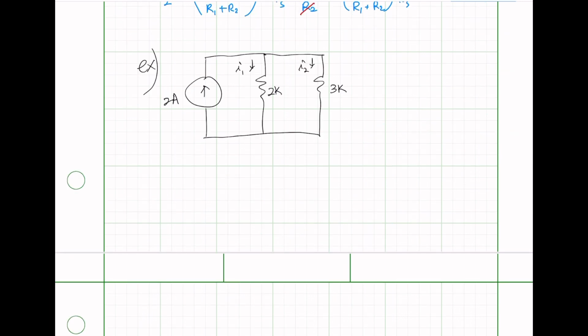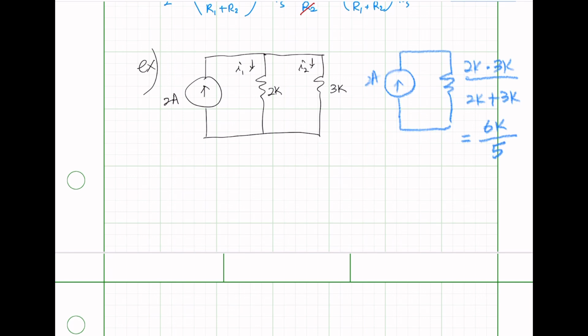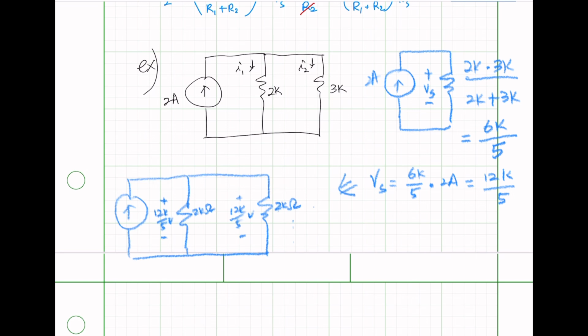So let's say we have I sub s as 2 amps, and the two resistors are parallel, 2K and 3K. We want to find I sub 1 and I sub 2. If you use this current division, it's very useful. You don't have to combine 2K and 3K and then find the voltage, use V1 and V2 and V over R to find I sub 1 and I sub 2.